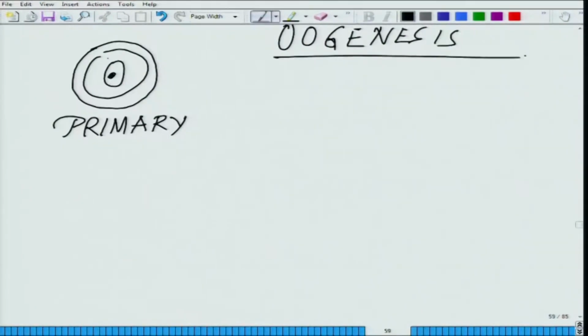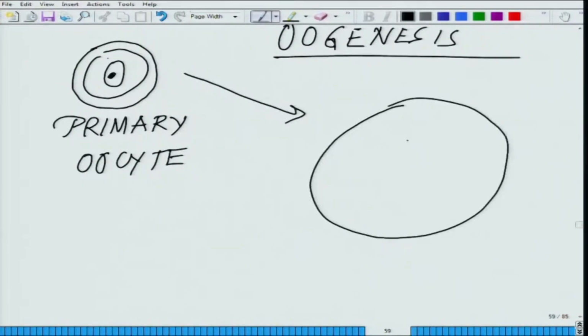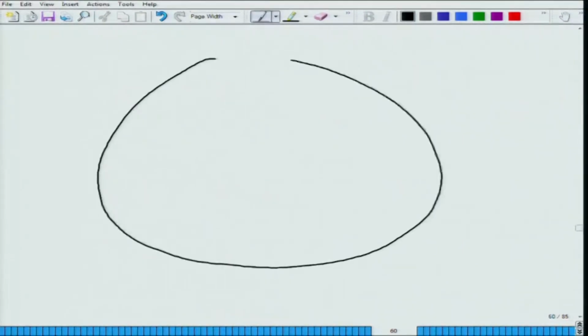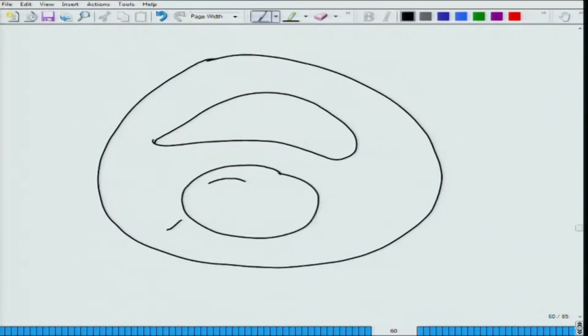The primary oocyte leads to the formation of secondary oocytes, where the cytoplasm increases in the egg. And secondary oocytes lead to the formation of something called a tertiary follicle.